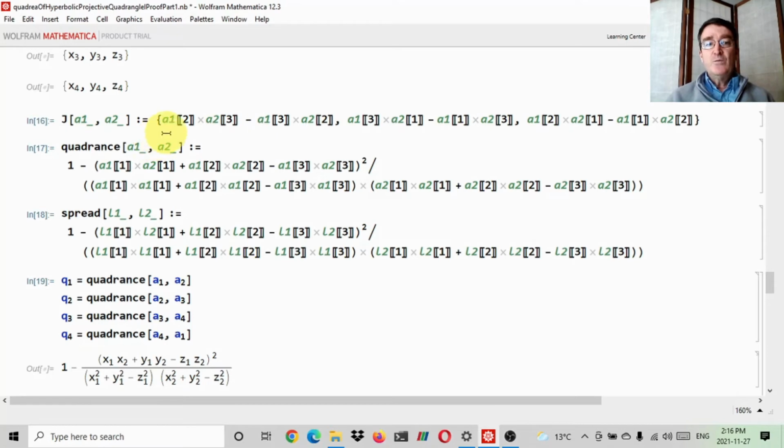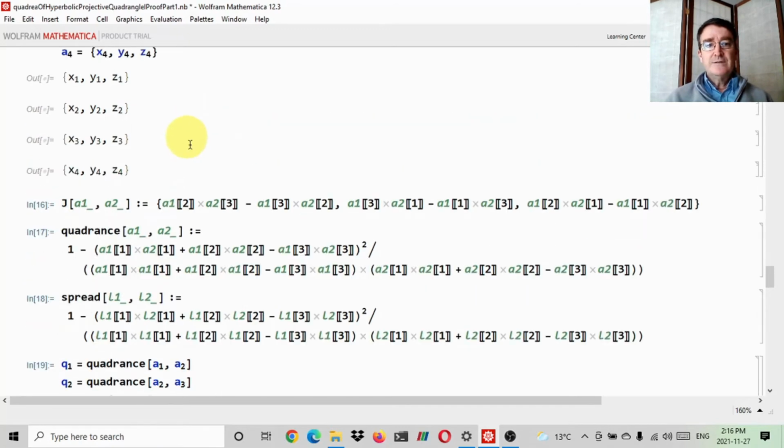So that'd be y1 z2 minus z1 y2. So these A1 and A2 are the x's, y's and z's of these 2 points that are passed in as parameters.